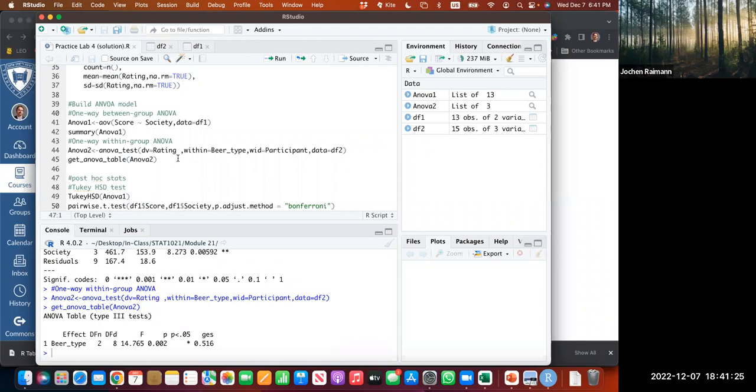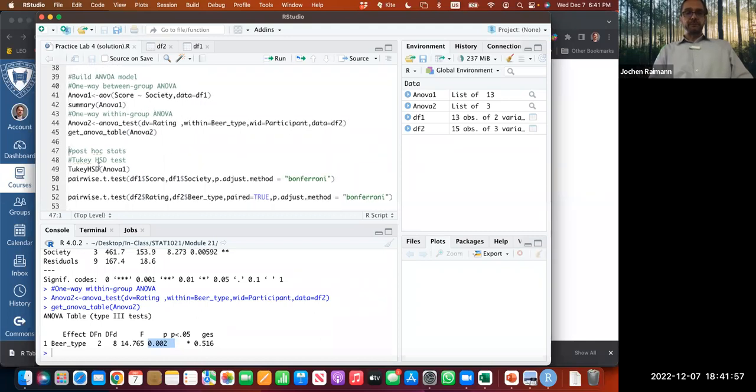We have degrees of freedom in total, we have 8, which is essentially total degrees of freedom minus the groups minus the subjects. And then we have an F, which is consistent with the F we calculated in Excel, a corresponding p, and an overall p. The overall p is basically an overall summarization of the ANOVA, but the comparison between beers is basically significant, just like we see in the seen. So that's the ANOVA table for within groups.